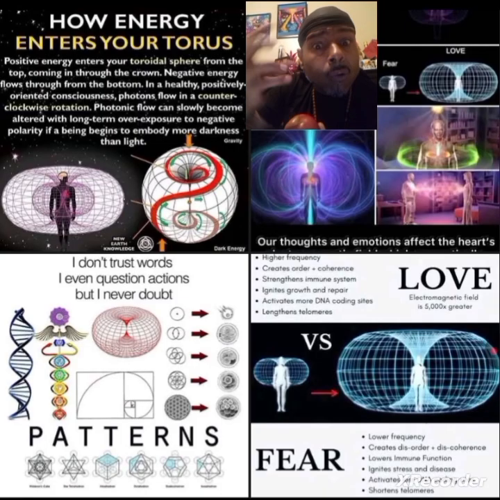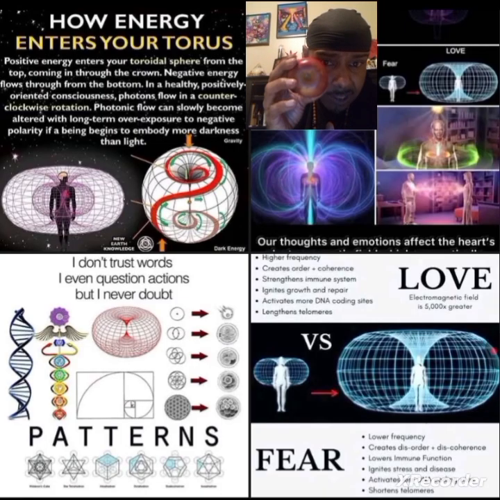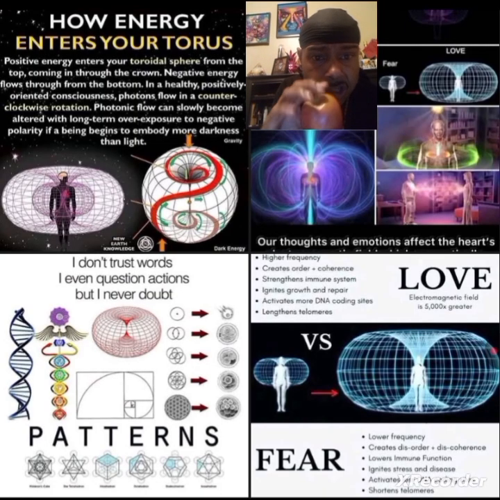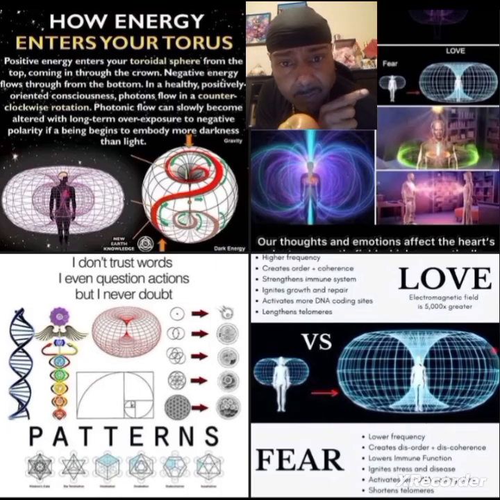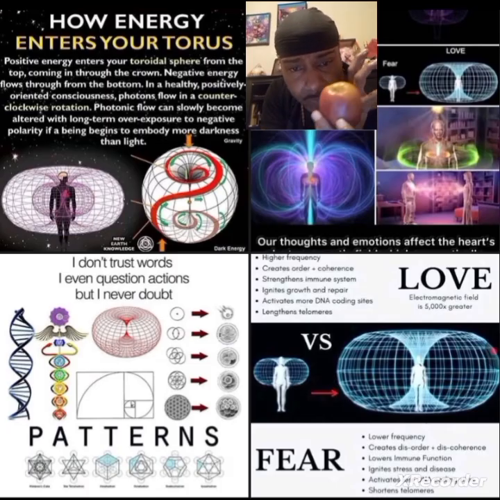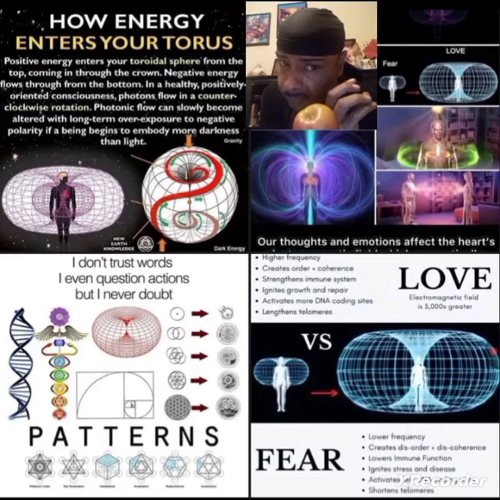But if you're well-rounded, as they say, if you're a toroid, if you can be charged up like with the energy of love, like what they're talking about here on the right of the screen, it's an expansive toroid. Fear is a contractive toroid. Most negative emotions are a contractive toroid.